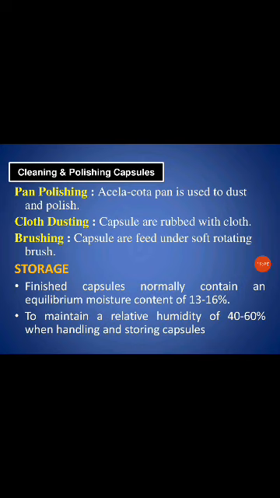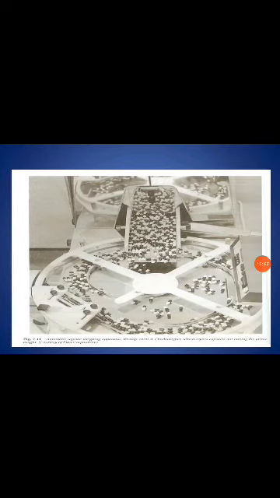So in order to maintain all these properties, the equilibrium moisture content for the finished capsule is generally between 30 to 60 degrees centigrade, and during handling and storage the humidity should not be more than 40 to 60%, and the finished capsule shell has a pH of 4.5 to 6.5. All these properties are very ideal for action.